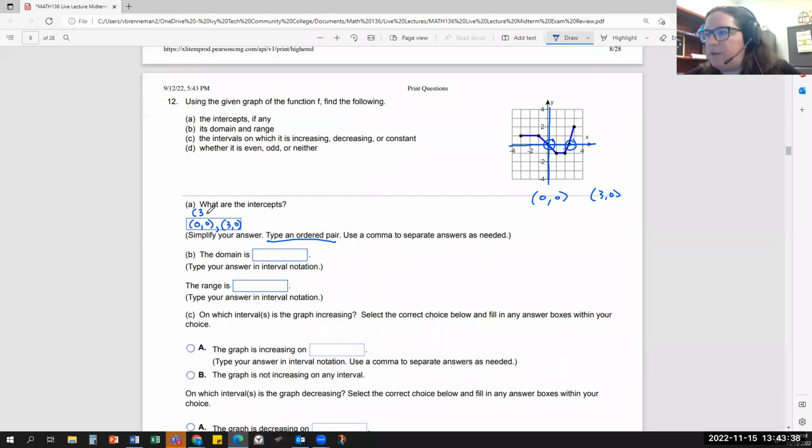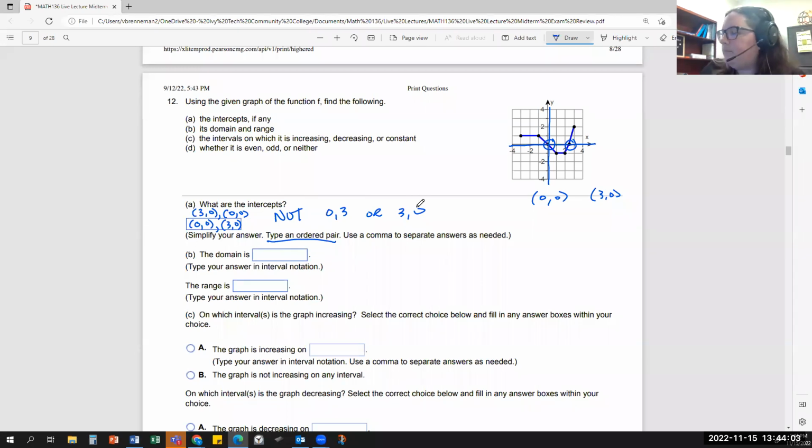You could have them in either order as far as which ordered pair you list first, but you'd need to have them in that form. You're not just going to say 0 and 3 listed separately as the x value and the y value, because there's nothing to tell whether they're an x or a y.